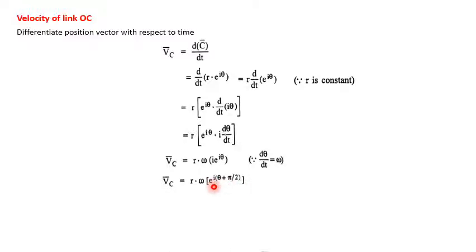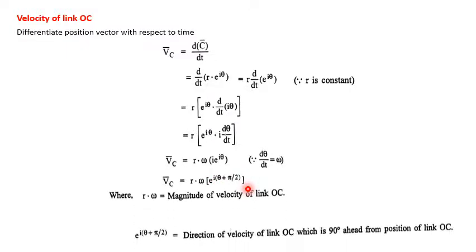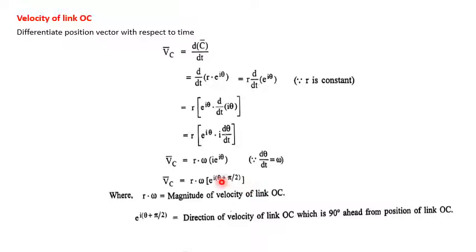So what does it mean? Theta plus pi by 2, where theta is the position of the link OC. So this velocity is 90° ahead of the position of the link OC.